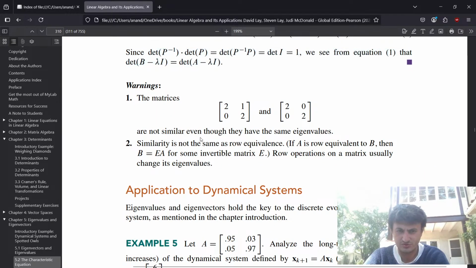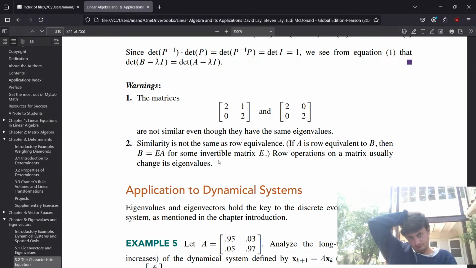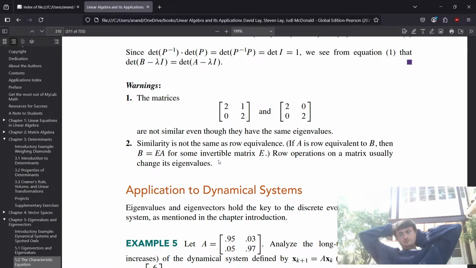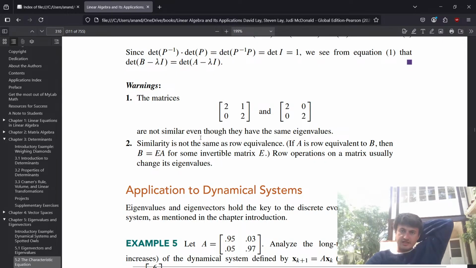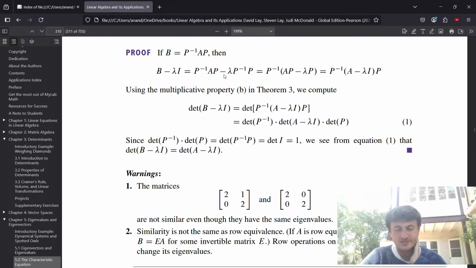Similarity is not the same as row equivalence, but row operations change eigenvalues. So that's pretty neat. I don't think I've seen that proof before.